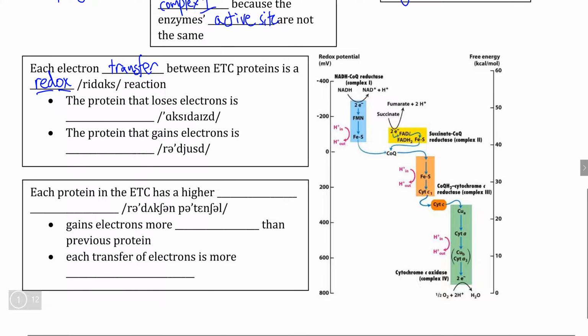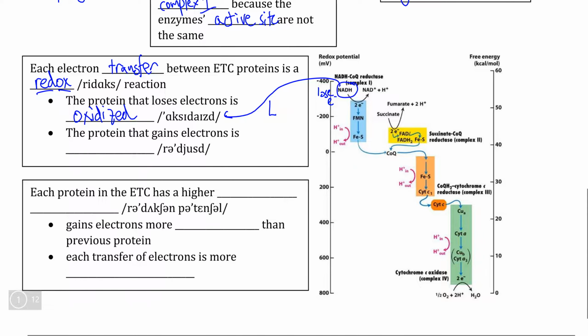Now, if we look at the very beginning, NADH, when it reacts with complex 1, NADH is going to lose electrons, and therefore we say that NADH has become oxidized because it has lost electrons.